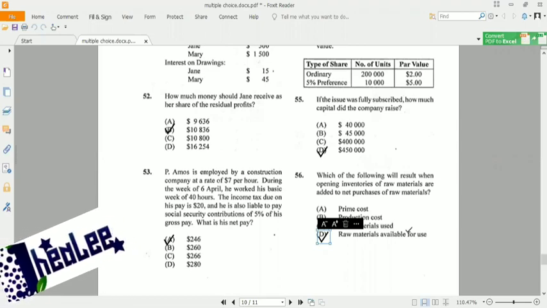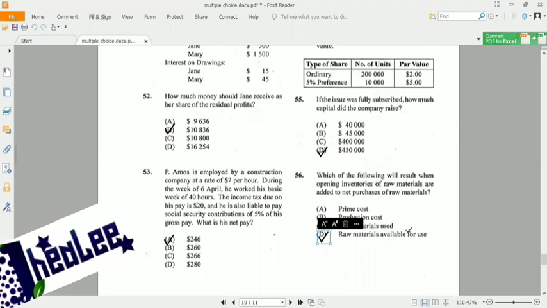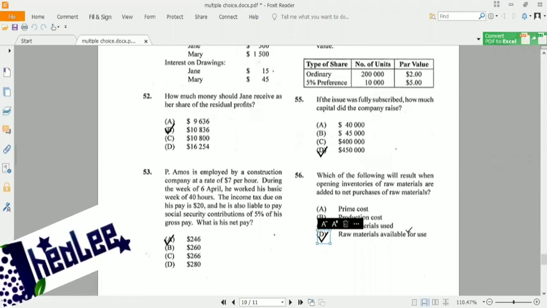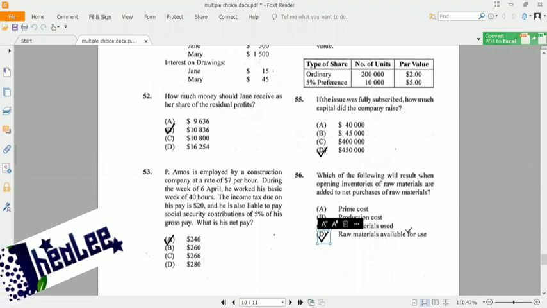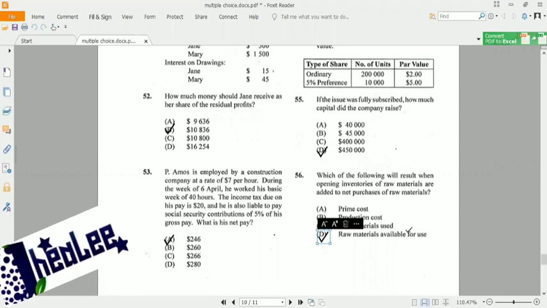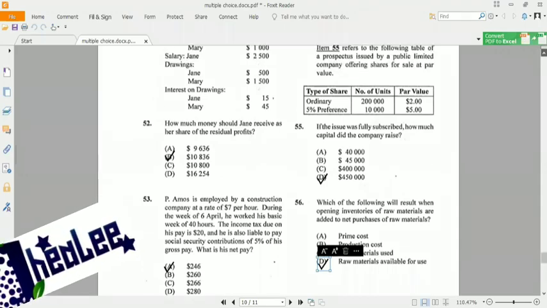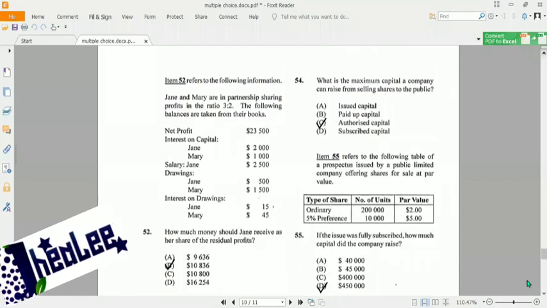It's the same thing that is referred to as raw material consumed. Once you subtract your closing stock of raw material from your raw materials available for use, you get what is referred to as raw material consumed. The response for 54 was C.